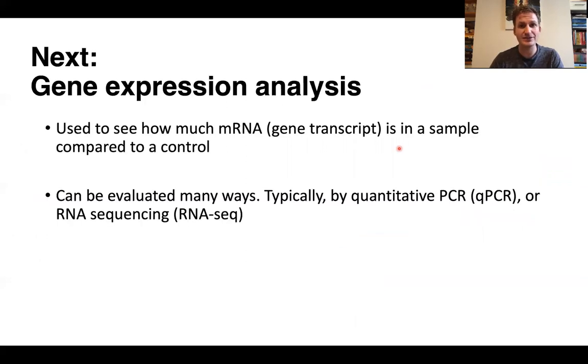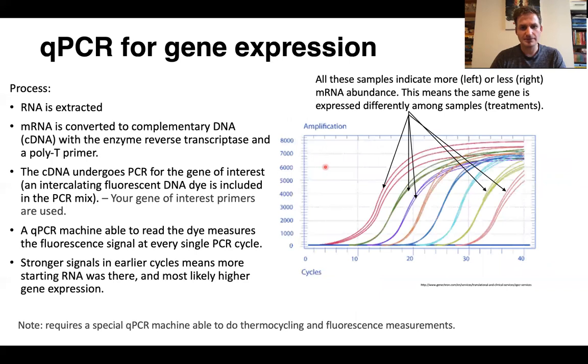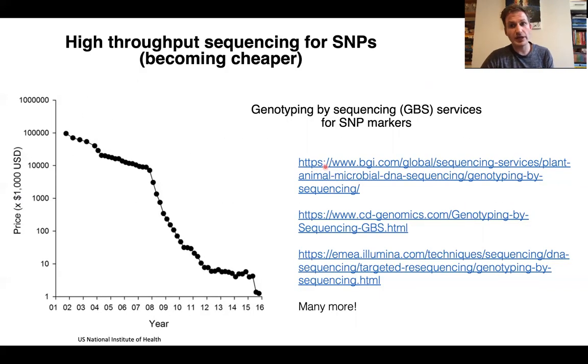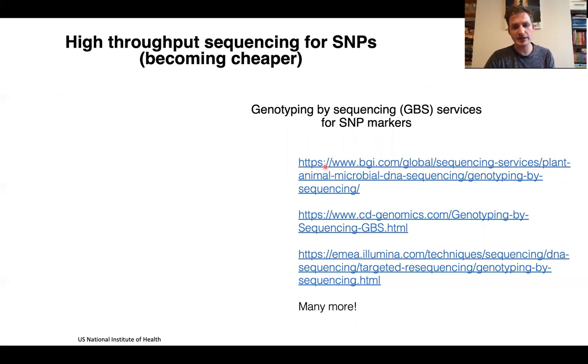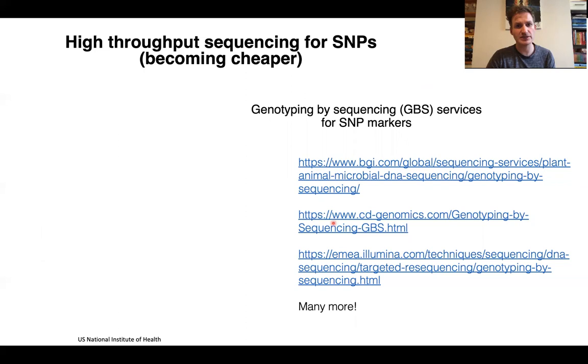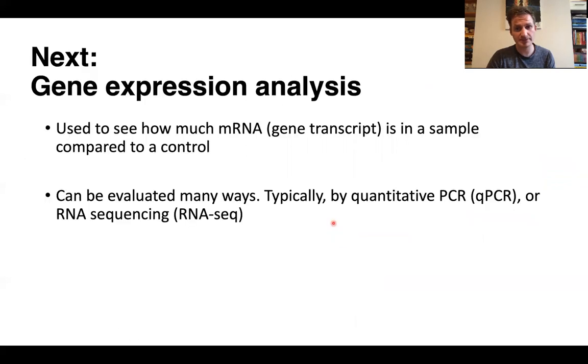And again, cost is usually your biggest limitation. So it's something worth looking into before you go into using gels and things, because it might actually be more cost effective for sequencing.